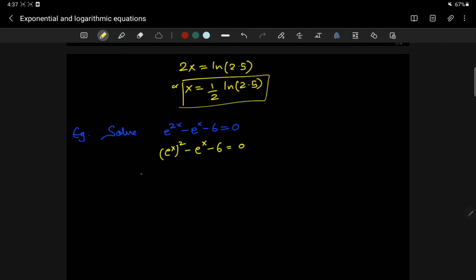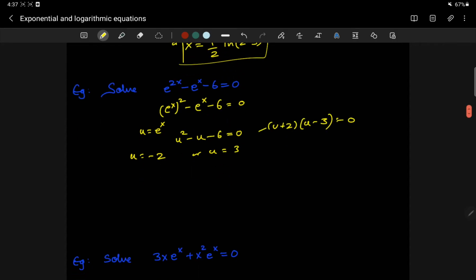If I make the substitution u equals e to the x, this is nothing but u squared minus u minus 6 equals 0, which factors into u plus 2 and u minus 3, which gives me u is negative 2 or u is 3.